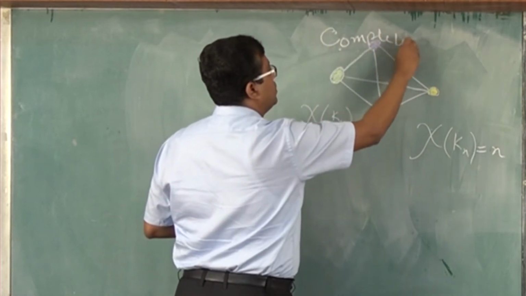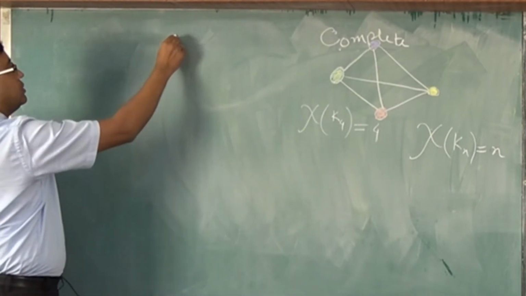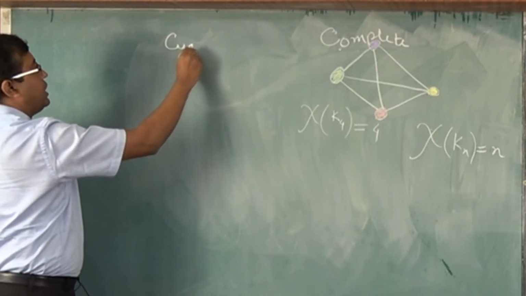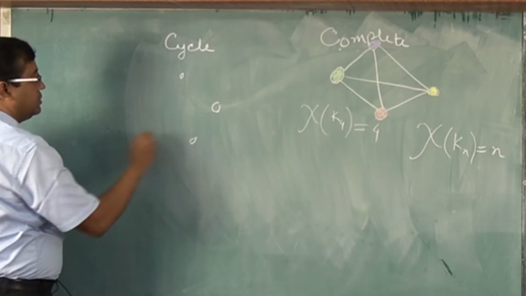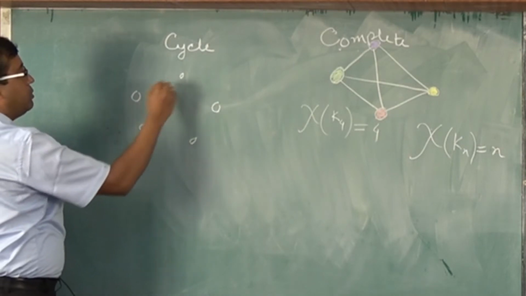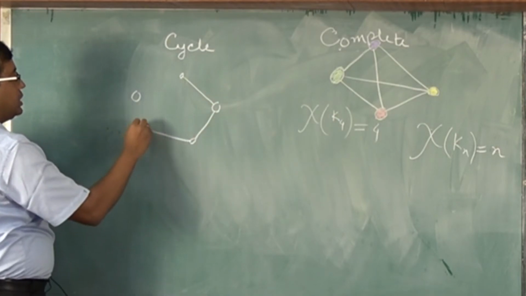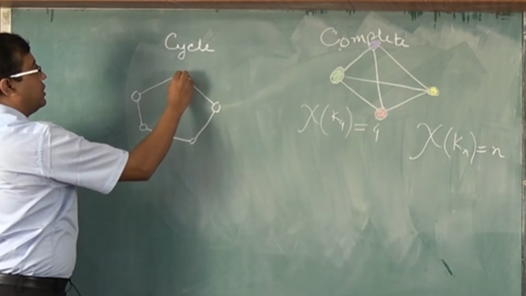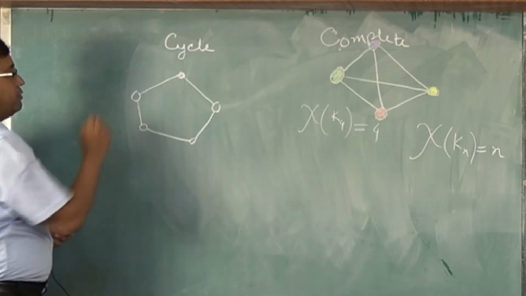Now I come to the next graph, which is a cycle. So what is a cycle? Where we have the vertices one after another and they form a closed loop. So this is like a cycle. I have 5 vertices in this cycle: 1, 2, 3, 4, 5.